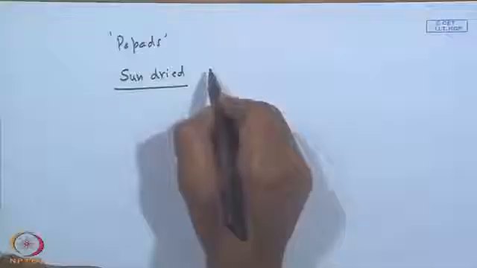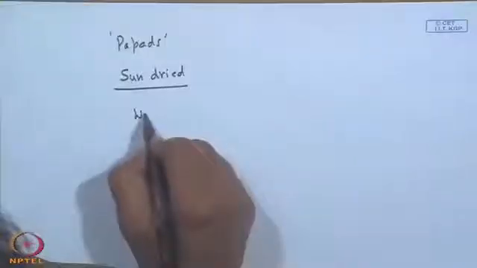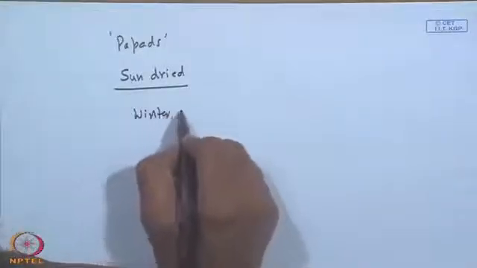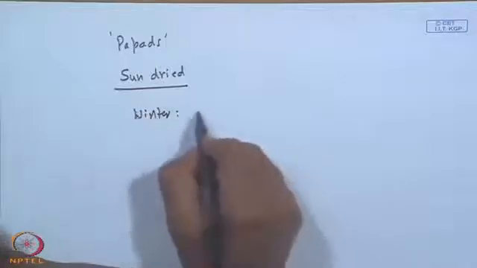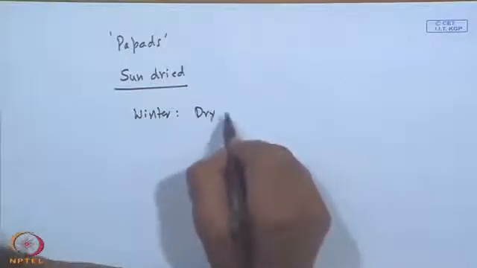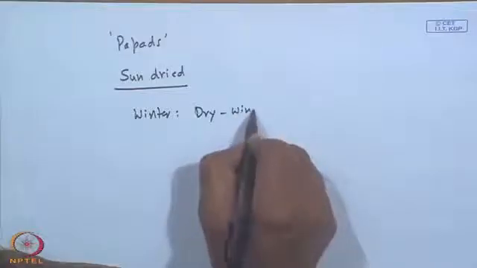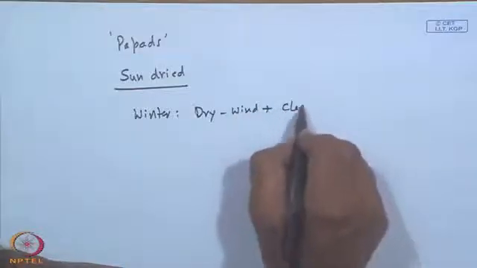Whether or not solar energy technology as a course was studied by the elderly people, this is always used for sun drying purposes. And the season generally in the southern part of India is winter, not because the sun is so high or anything like it, it is dry wind plus clear sky.